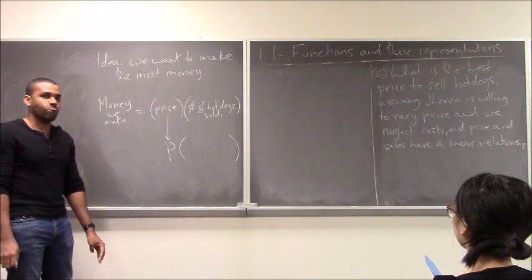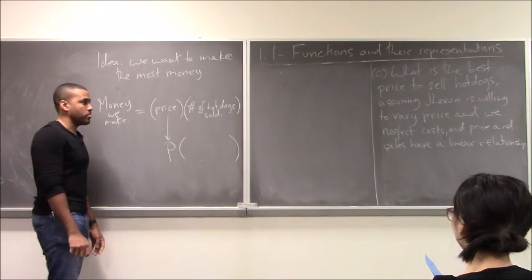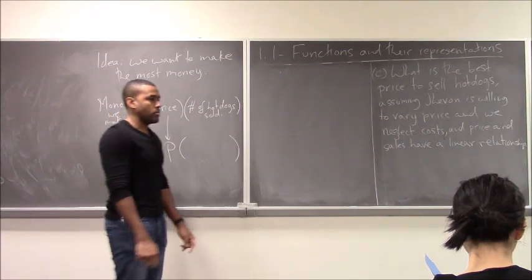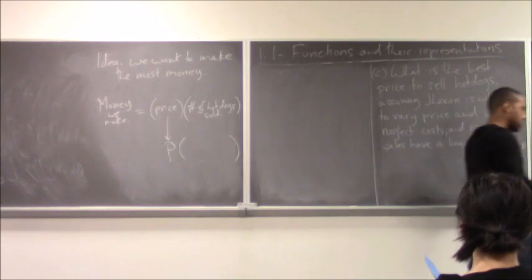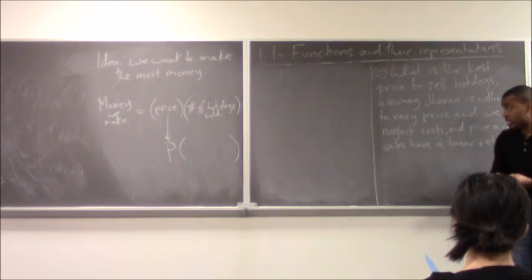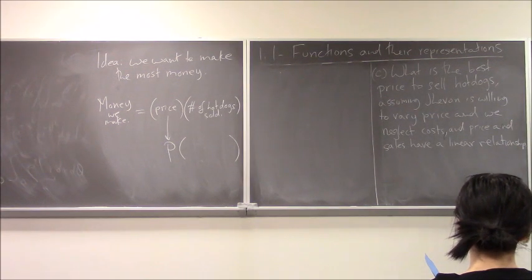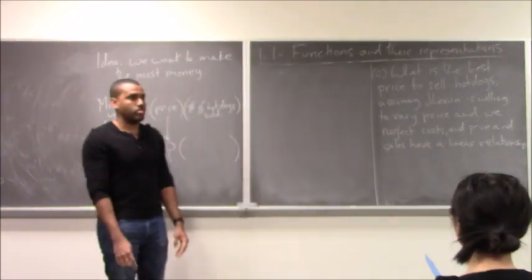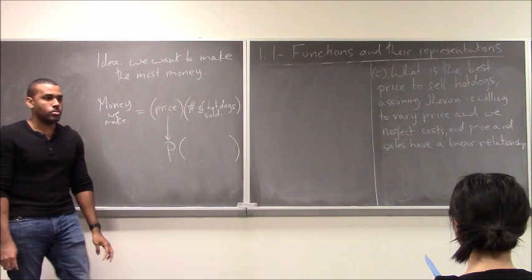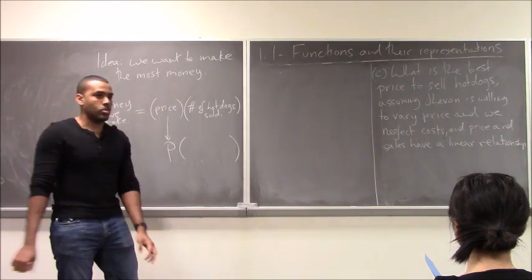Ideas. So to recap, I know 2 pieces of information. I know how much I can sell at $2, how much I can sell at $3. I know they have a linear relationship. What do you guys think?